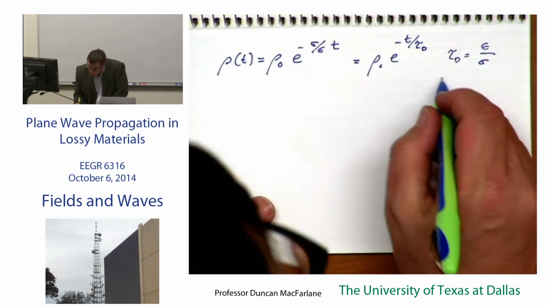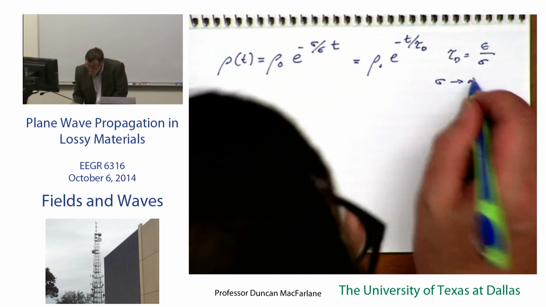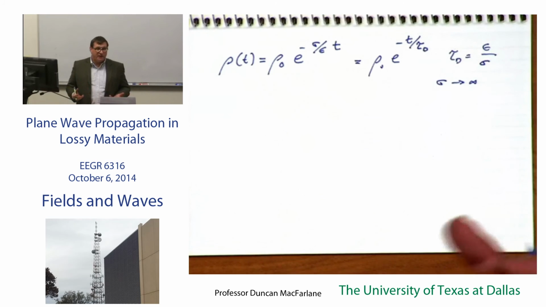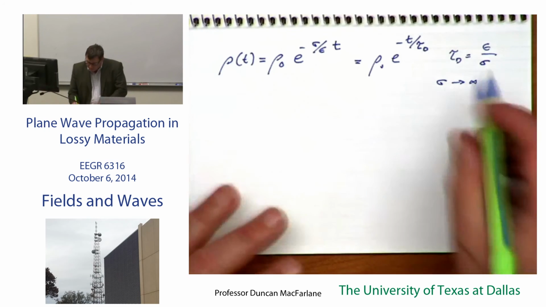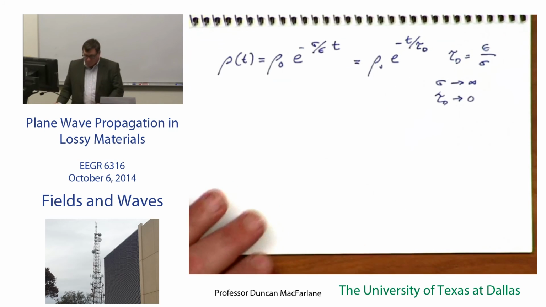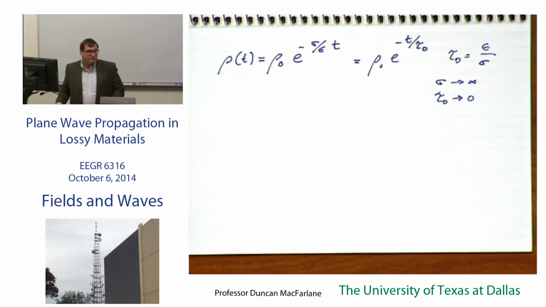So as sigma goes to infinity, my conductivity gets very, very high. I'm in a superconducting state, perfect conducting state. My tau d goes to 0. Okay. So now put that back in the context of my gold blob that's in the back of my desk. Better start locking my office door.